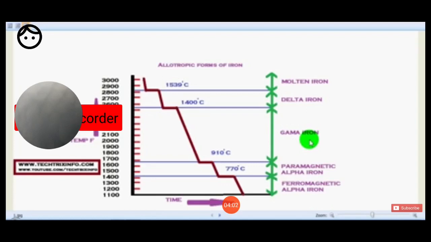From 1400 degrees Celsius to 1539 degrees Celsius, that is up to the molten state, we have the delta iron, and the crystal structure is body-centered cubic. So these are the three variants of iron occurring at different temperatures: alpha iron, gamma iron, and delta iron.